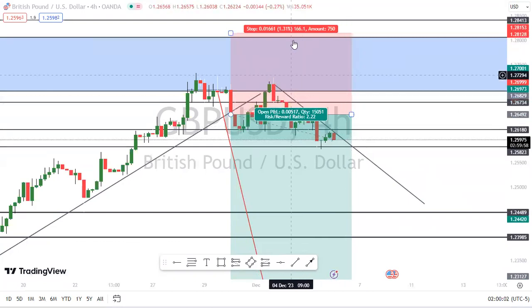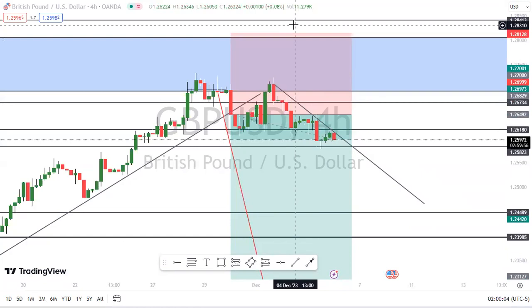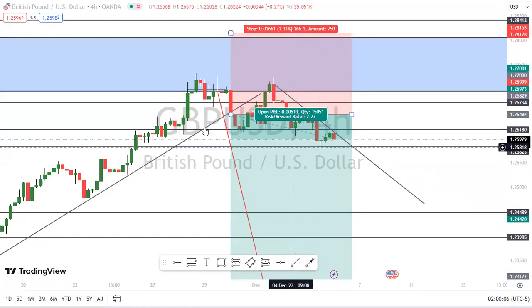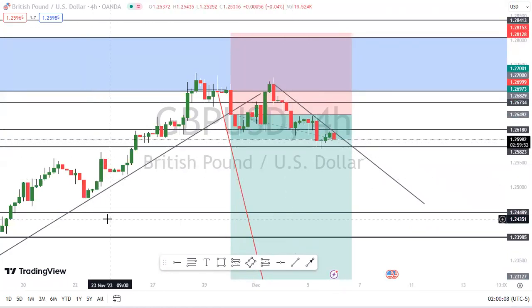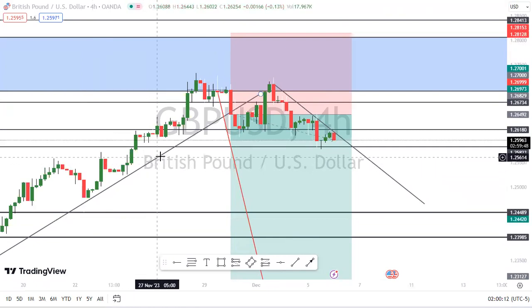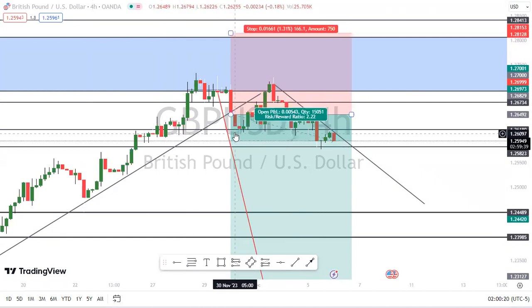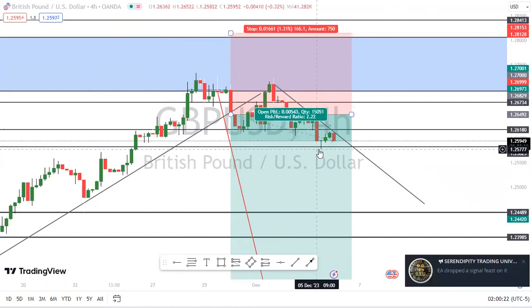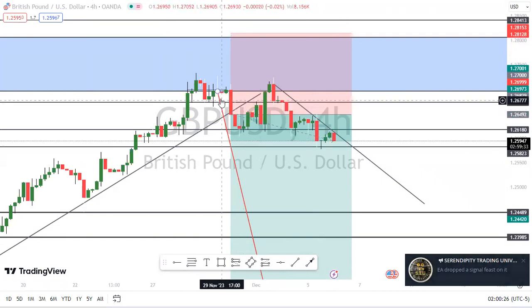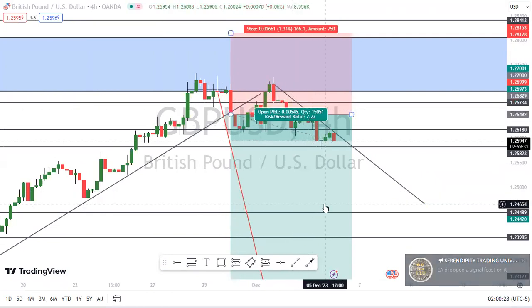That's why we plot our stop loss above our major level, and then we can use those rejection levels as our take profit to save profit. Whenever we hit our second take profit, we have to move our stop loss to break even, not the first take profit. The first take profit is very close, and mostly it used to go back and retest those levels before continuing to push to the downside.